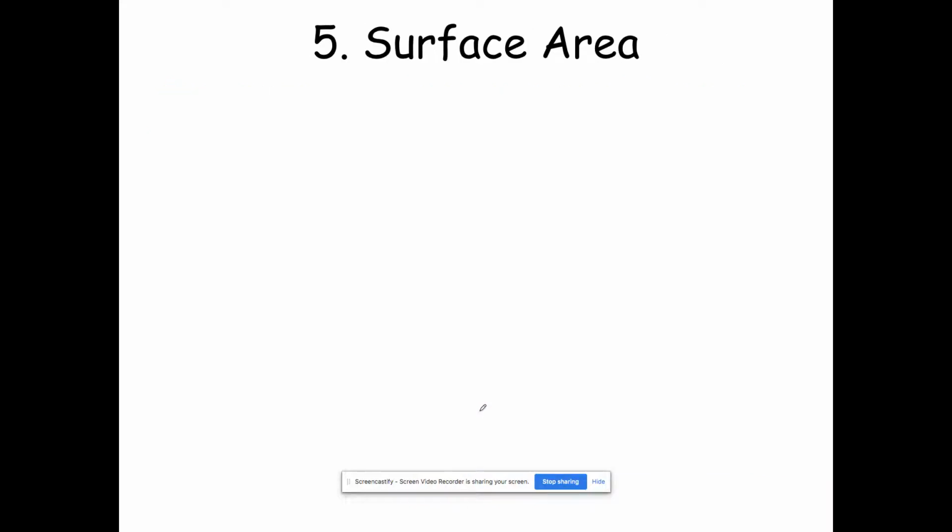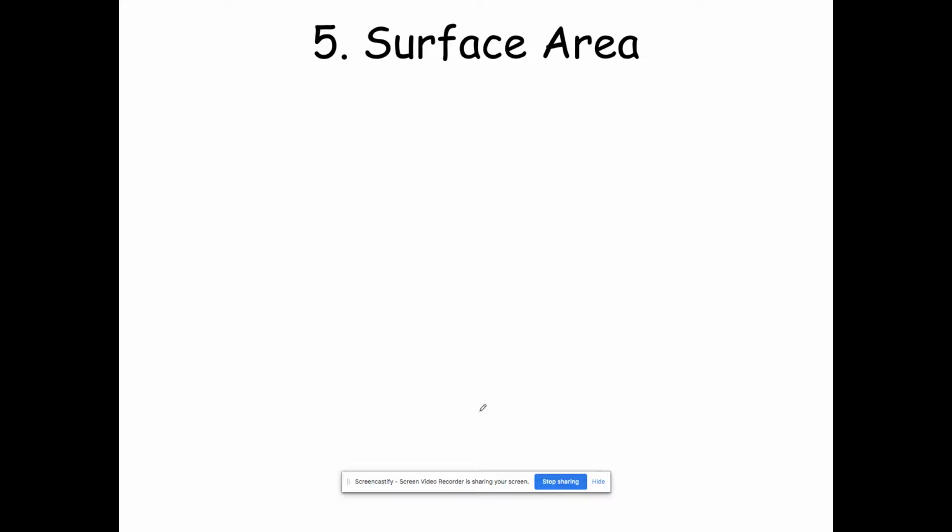Surface area. So if you wanted to react something, let's say I have zinc, and I'm going to react it with HCl, hydrochloric acid. And you know it should react because we've seen it. Should I have zinc that is in little chunks, or should I have powdered zinc?